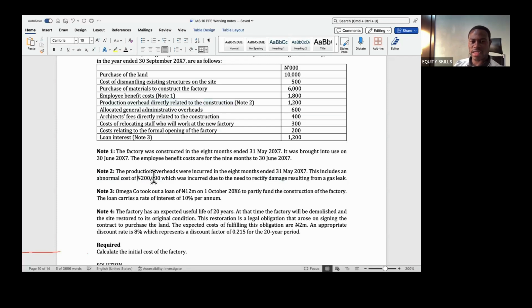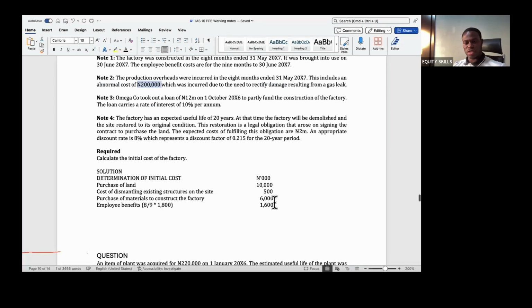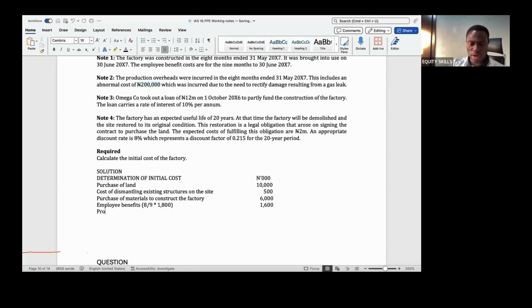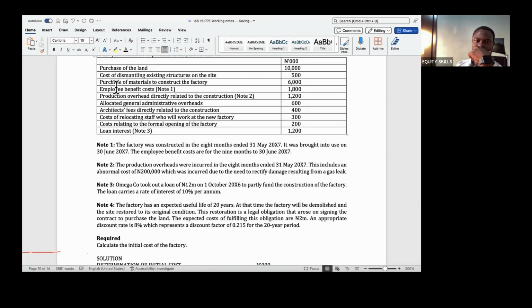But for the fact that there is a 200 inside that is an abnormal cost, we need to remove that. So our production overhead would be 1,200 minus what? So we'll be left with 1,000. That's the production overhead.